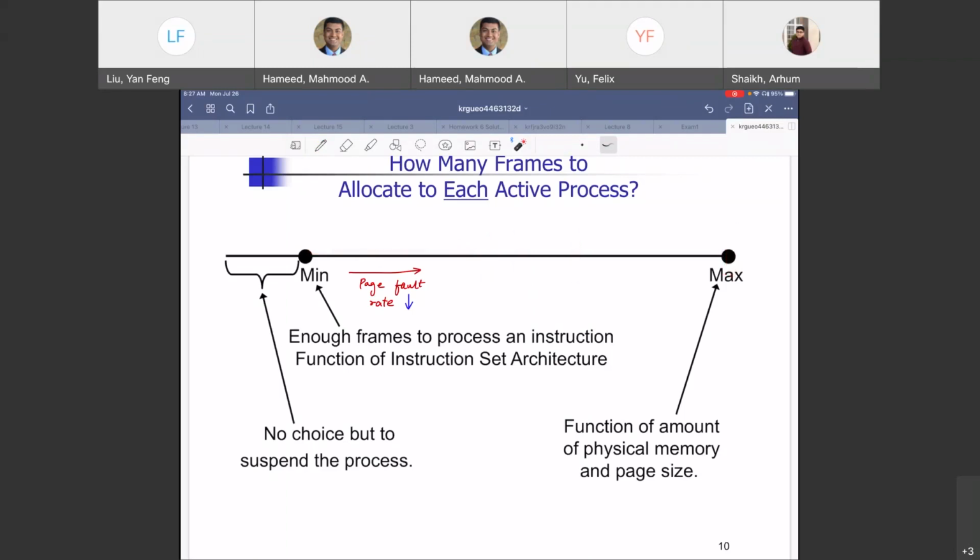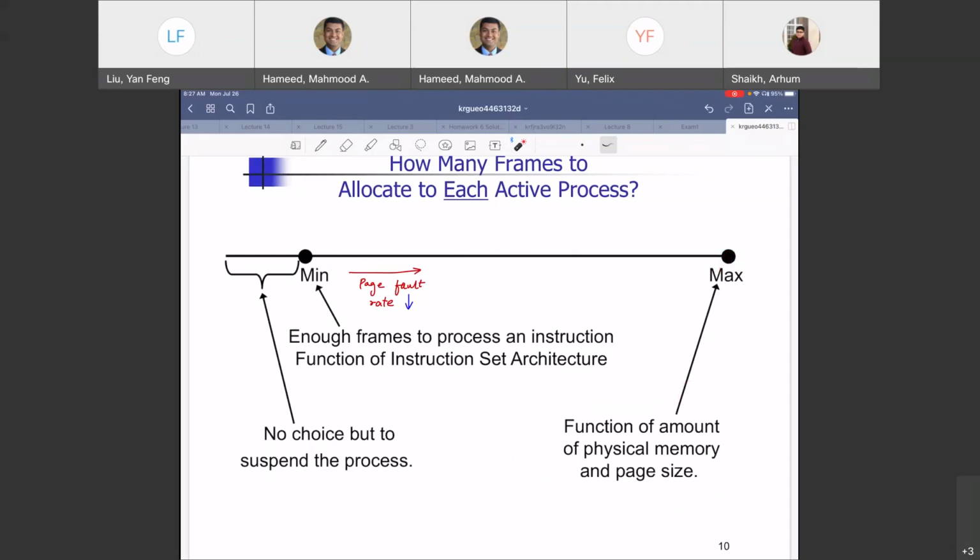If you go all the way up to the max, almost the entire physical memory is associated with this particular active process. When that happens, of course, you are not going to get any page fault. Page fault rate has gone so low that you will not have any page fault. The problem is nobody else can have a slice of the physical memory, because this is a function of how much physical memory you have.